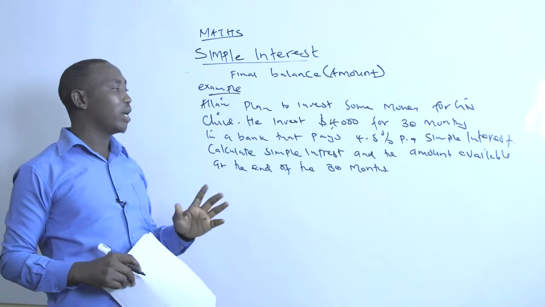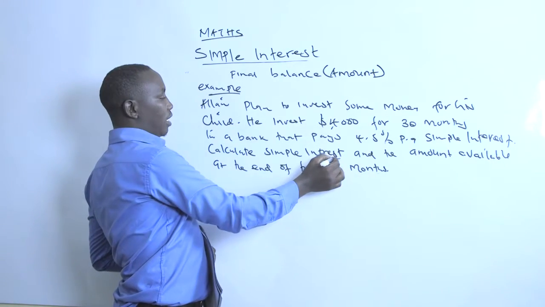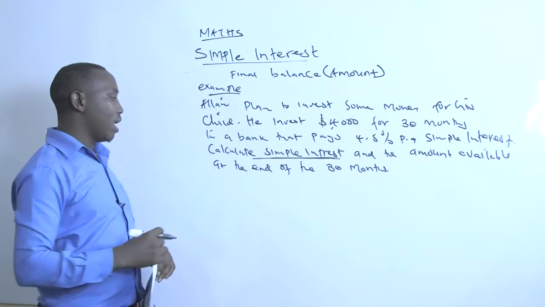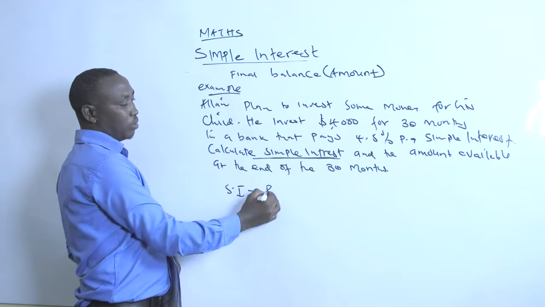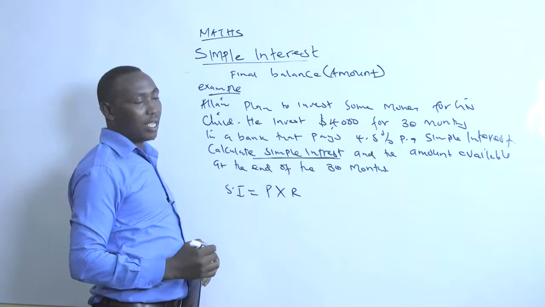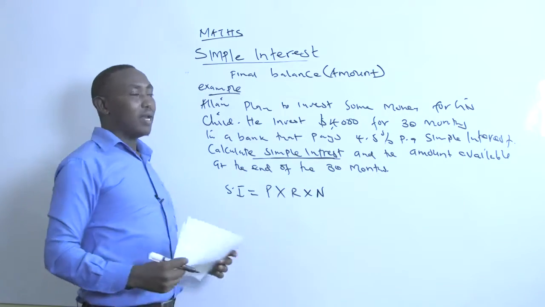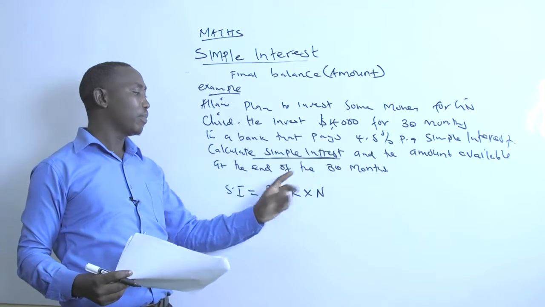So we are first going to look at the first part of the question, which is calculation of the simple interest. Now we had said that simple interest is normally given by the principal invested multiplied by the rate, which we said is in a decimal, then multiplied by n. N is normally per year or annually.